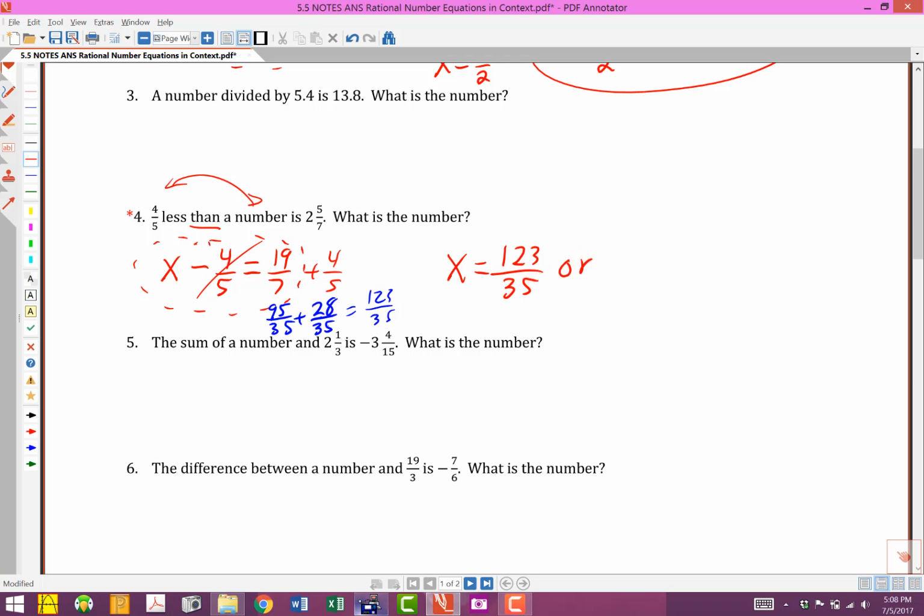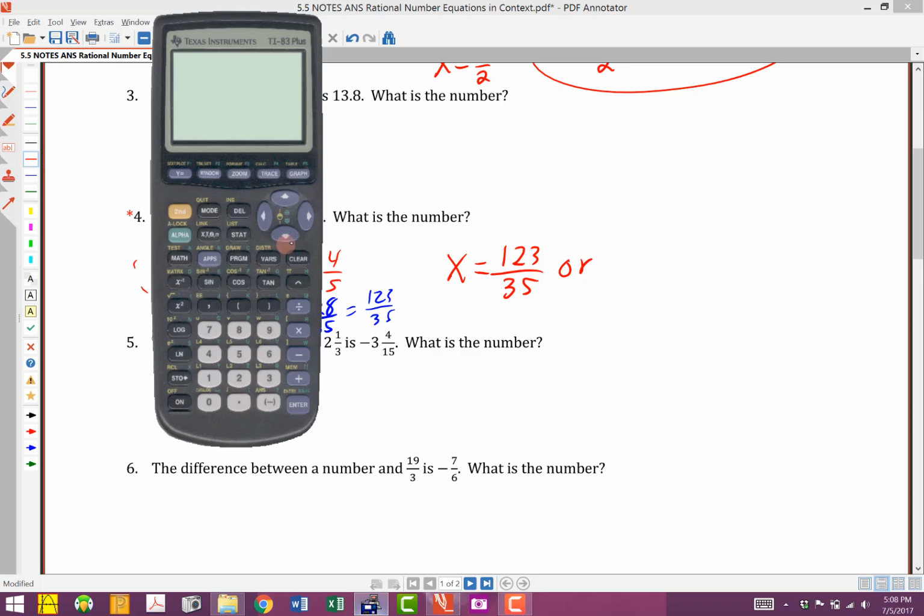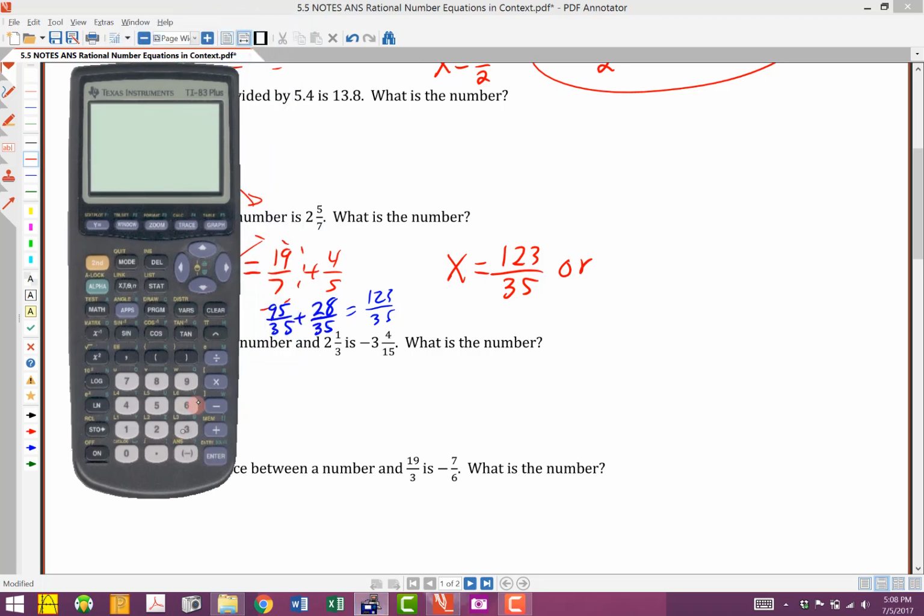Or let's figure out what that would be as a mixed number. Let's see. That's going to go in there 3 times. So 3 times 35 is 105. If we did 4 times 35, that's going to be 140. So that's a little too big. So that's going to go in 3 times.